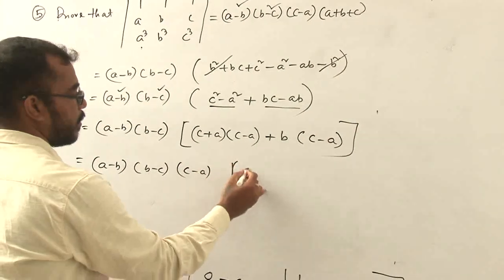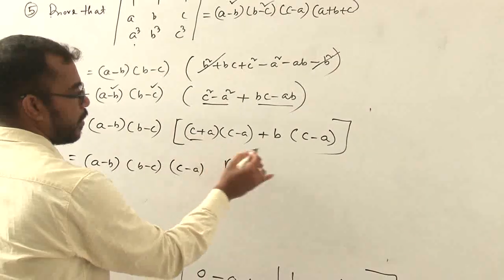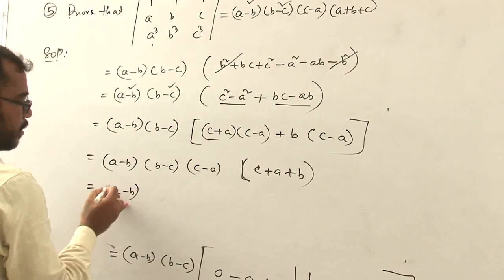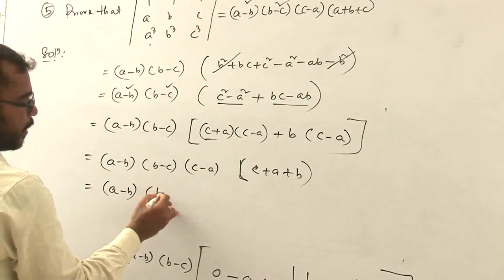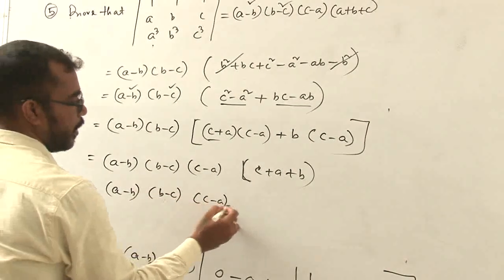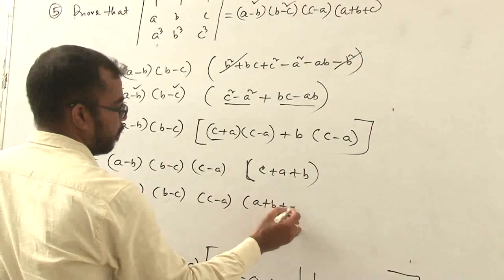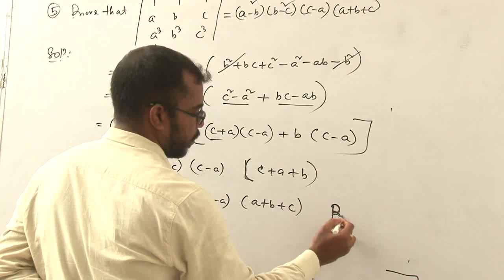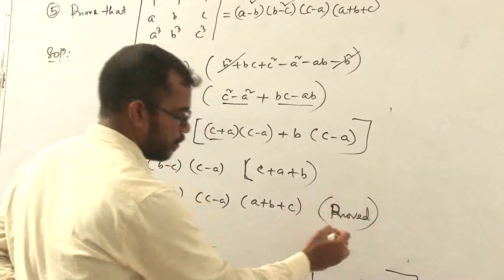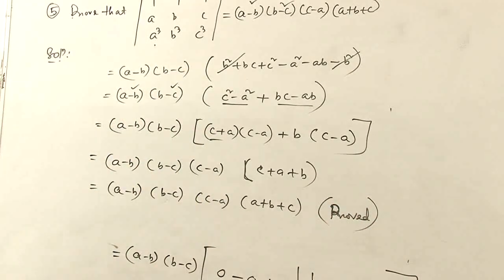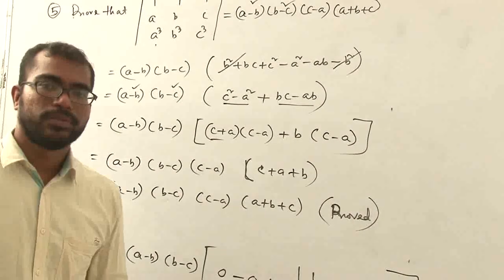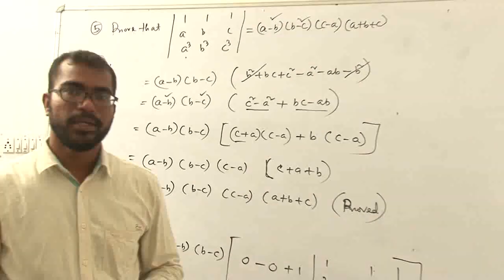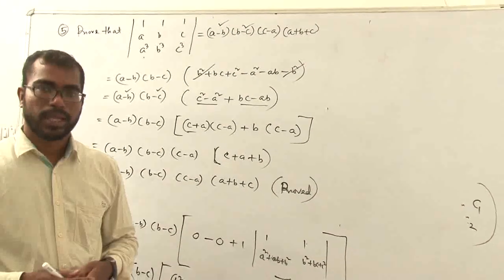So we get C plus A plus B. So it can be written as A minus B into B minus C into C minus A into A plus B plus C. And that is the solution. So in this session we have discussed how to apply properties of determinants. So have a nice day.